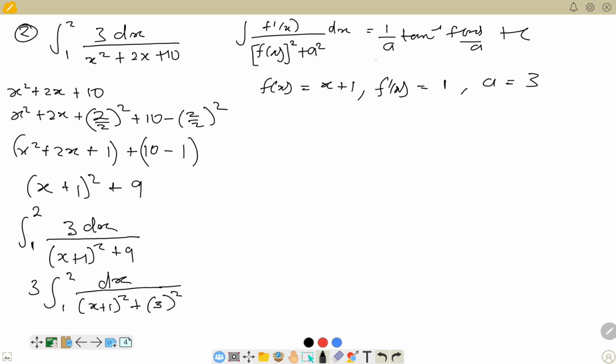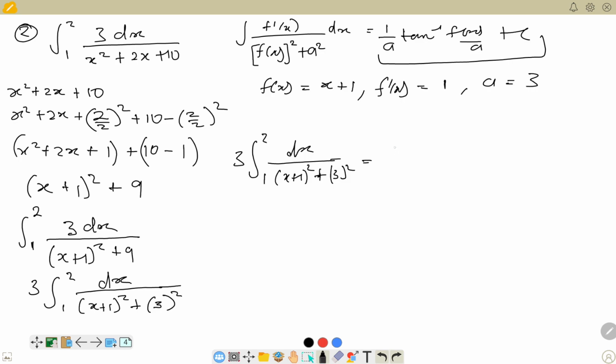So what we need to do is just substitute everything here. Here we have 3 times 1 dx over x plus 1 squared plus 3 squared.